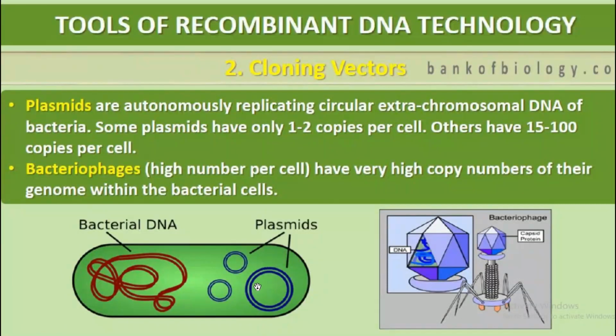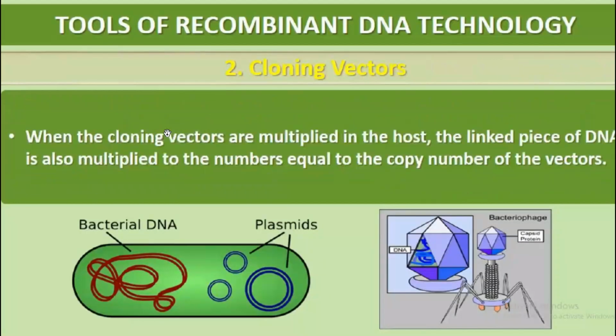Plasmids are able to replicate themselves. They are circular extrachromosomal DNA of bacteria. These plasmids do not control the vital activity of the bacteria. It is controlled by the bacterial DNA.